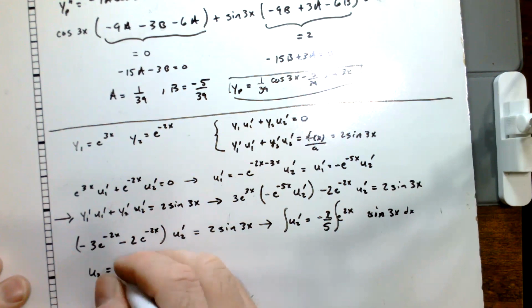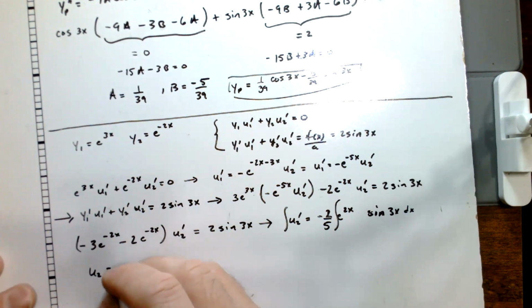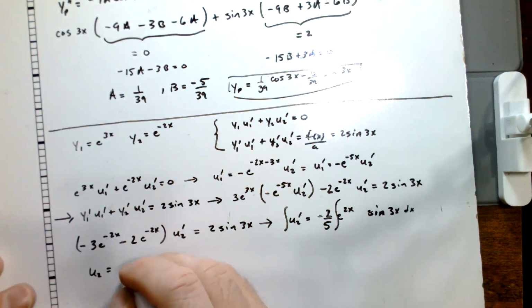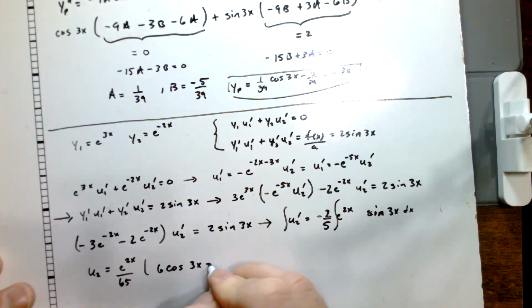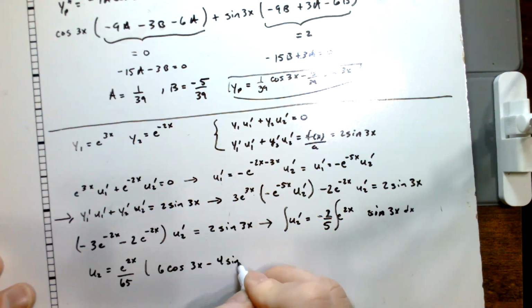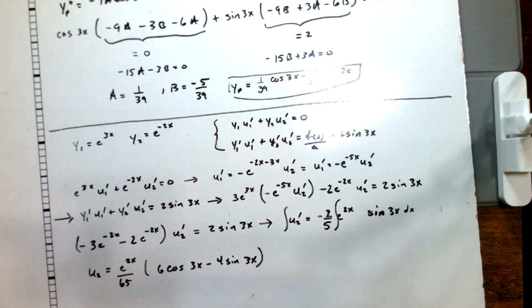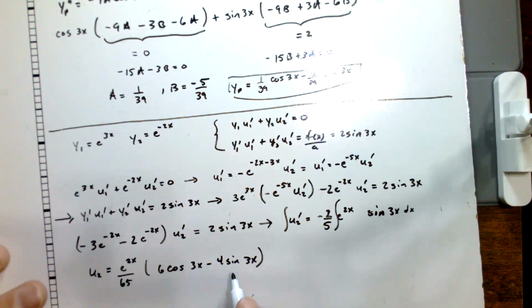Once you're done with that, then you get u2. And so u2 for us is going to be e to the 2x over 65 times 6 cosine 3x minus 4 sine of 3x. Okay, so that's the result for u2. Now finding u1.